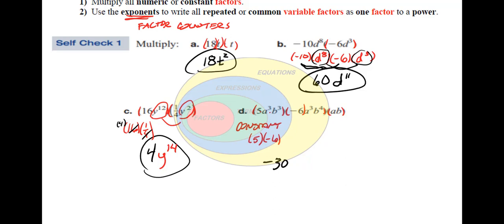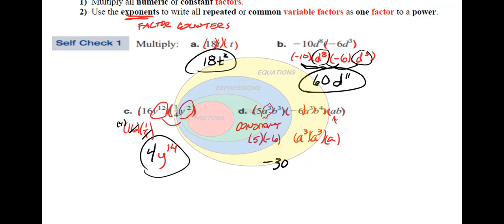So let's look at the factors of a. Here I have an a cubed in the first grouping, but it's just a factor of a cubed. Then I have another factor of a cubed here. And the last grouping has another factor of a. So for a, how many factors of a do we have?